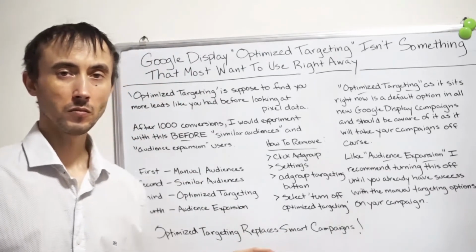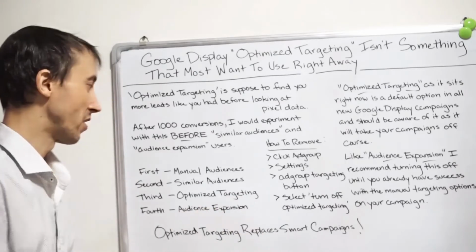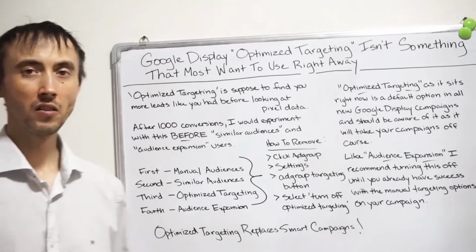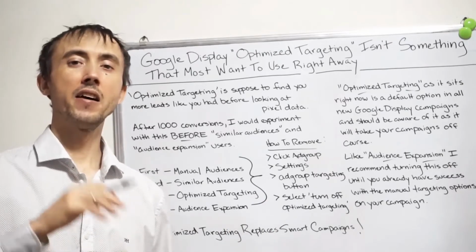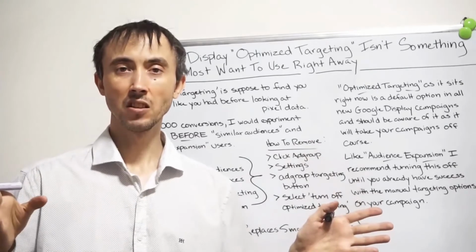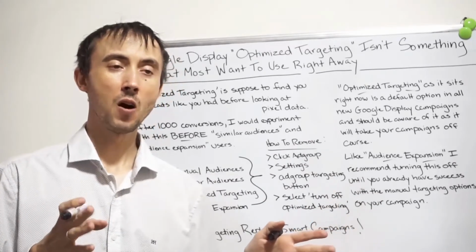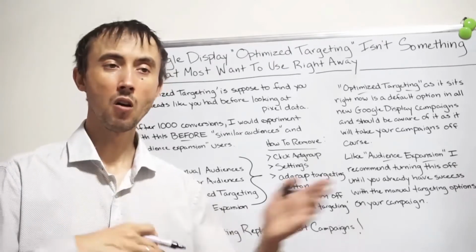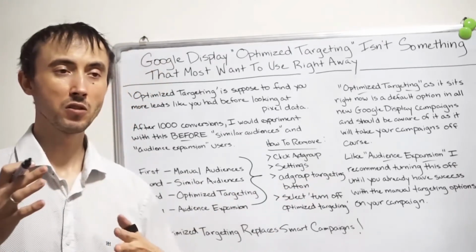At that point, the audience expansion can look at the whole of what we're doing and try to expand it further by making guesses, looking at all of the different traits of all of the users combined.